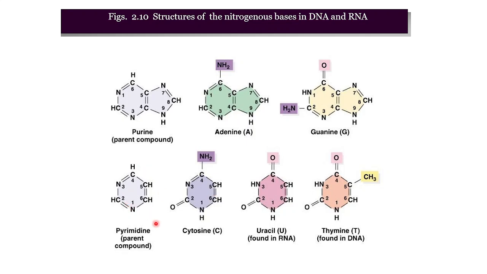Purine has 6 carbons, and over here you have how many? 8 carbons, so basically 9 atoms, and over here you have 6 atoms, right?